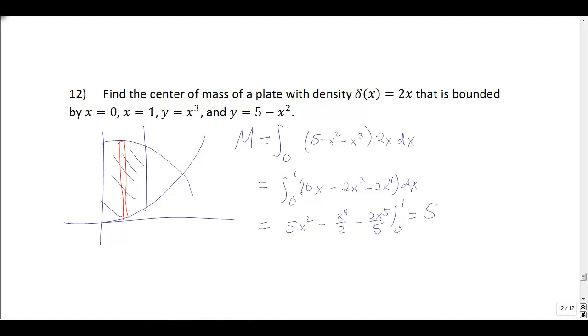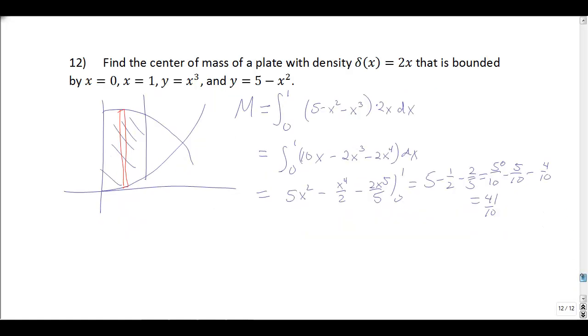So this is going to end up being 5 minus a half minus 2/5. That's 50 tenths minus 5 tenths, minus 4 tenths. Oops. So that looks like 41 tenths. So that's our mass here.